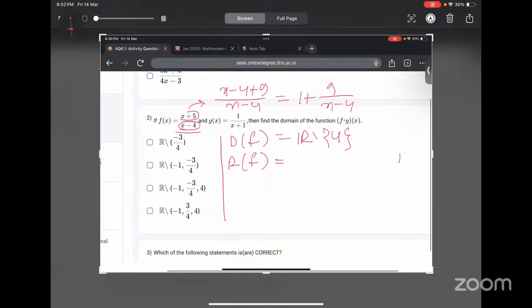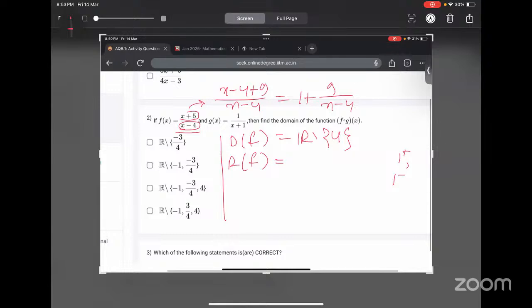So minus infinity and plus infinity, both will become 1. And once x becomes 0, it will be 9 by minus 4 plus 1. That is 1 plus 9 by minus 4.